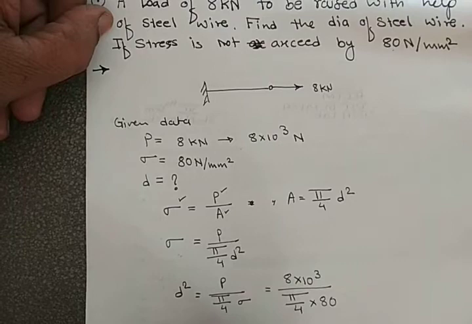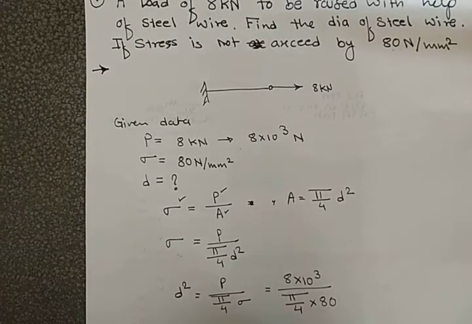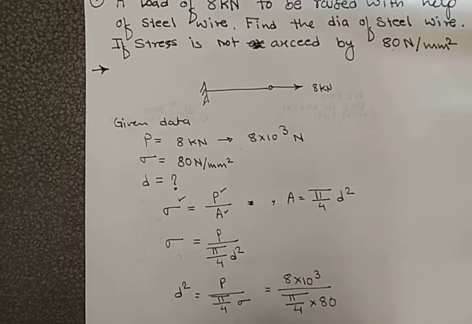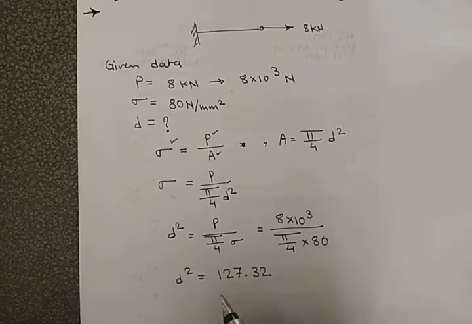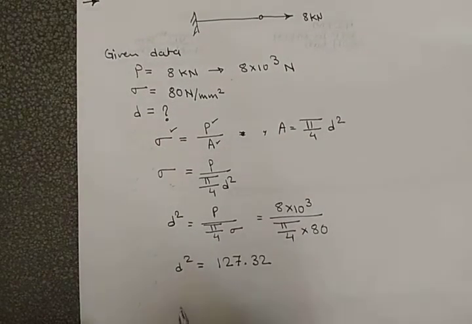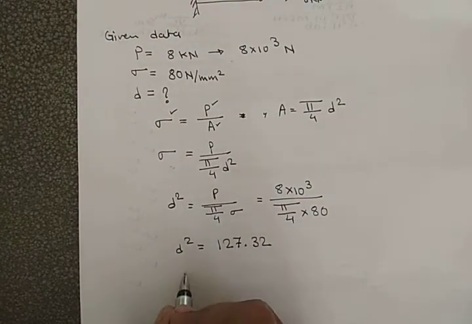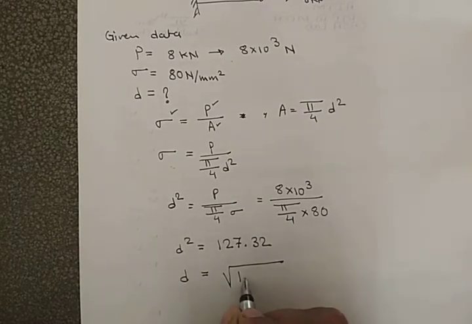Now d square is equal to, after calculating this, we will get 127.32. Now we want to find d, but here we are getting d square. So what we have to do? We have to put a square root on this value.